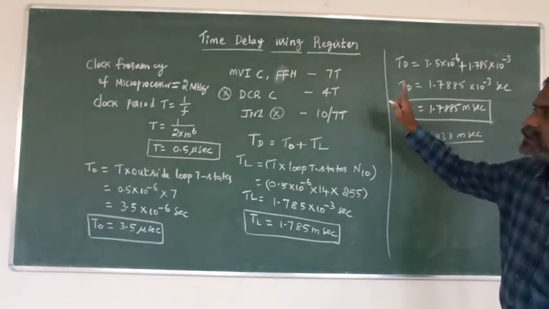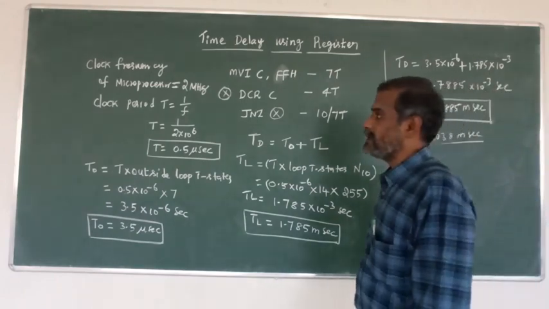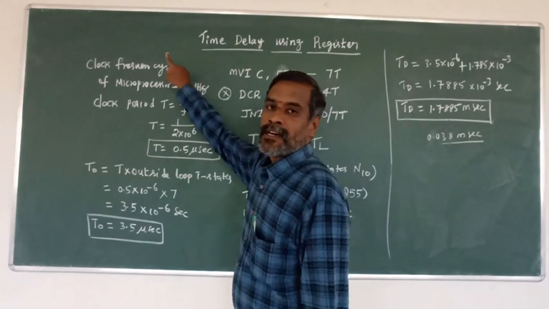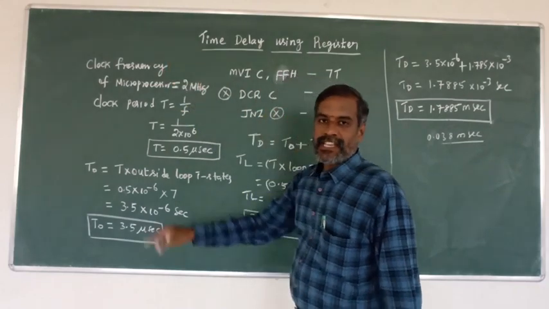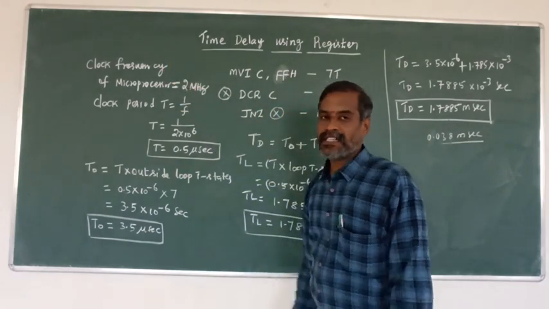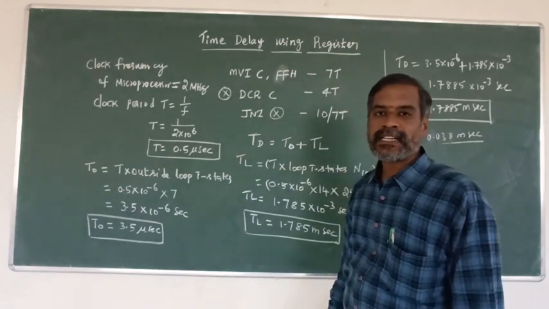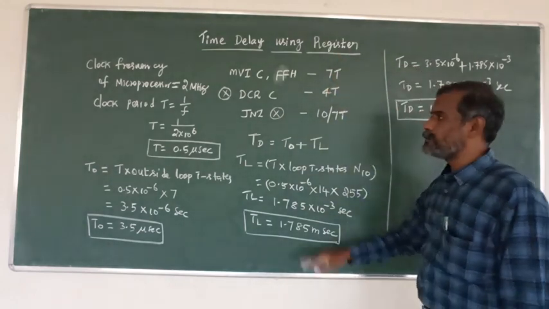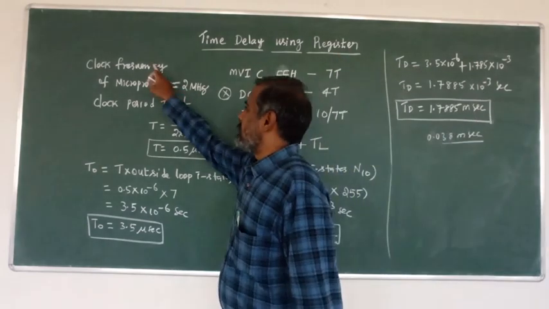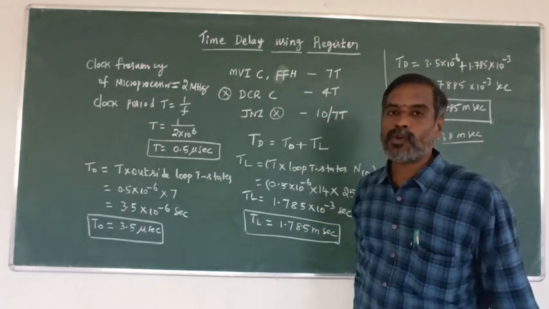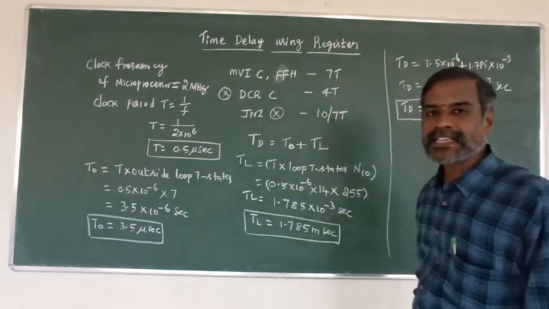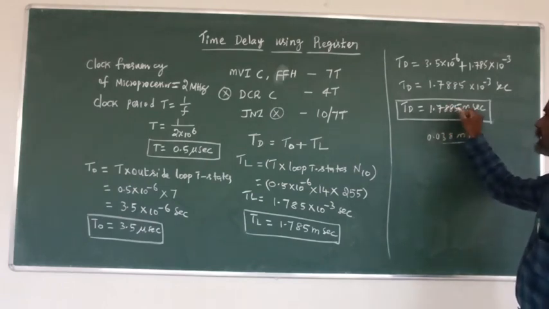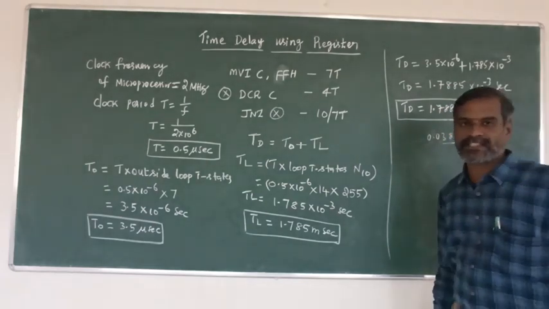This is one format. Or another format, we can increase the microprocessor frequency. Instead of 2 megahertz, we can use 3 megahertz. Using a single register, when the clock frequency is 2 megahertz, the maximum time delay will be 1.7885 milliseconds.